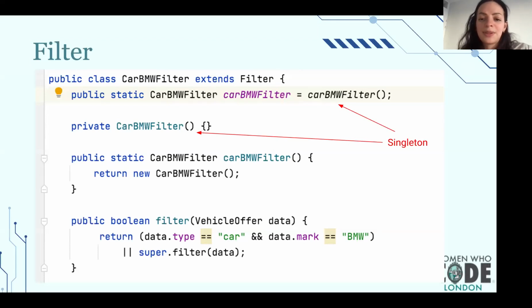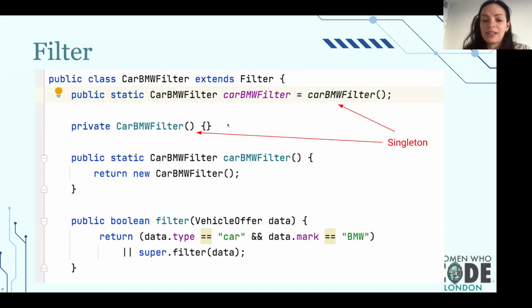Here is an example of how to create a singleton with a static method and a private constructor. Actually, I found this example in Effective Java by Joshua Bloch, and you just create a private constructor, which means that no one can access this constructor.